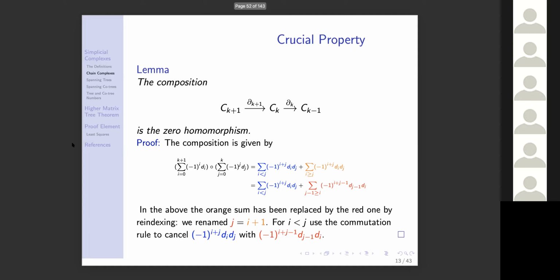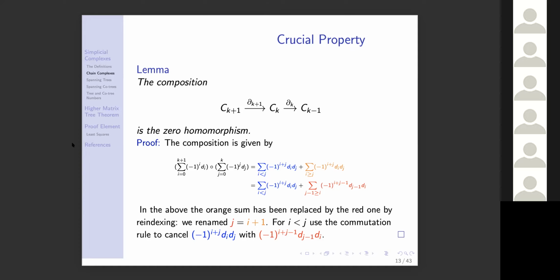And now for i less than j, I'll use the commutation rule to cancel the term minus 1 to the i plus j, d i d j, with the corresponding red term on the right-hand sum. And that cancels, and there's a one-to-one cancellation. Everything cancels on the right, so you get 0. So that's why the composition of boundary homomorphisms is 0.